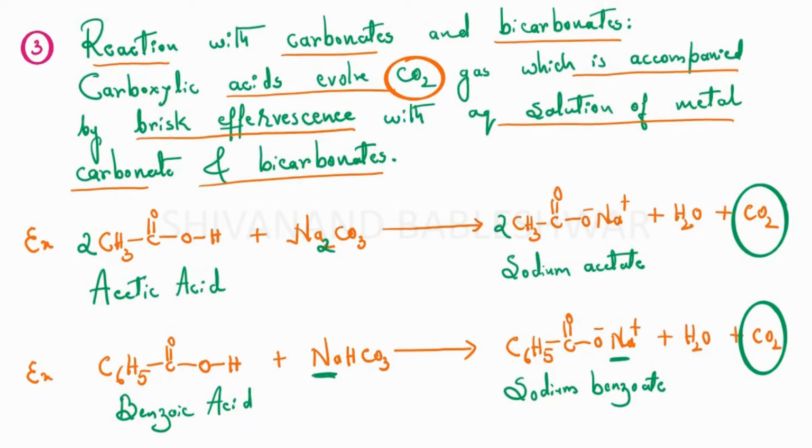So if the invigilator has given you a corresponding carboxylic acid, and if he asks you how do you find the presence of a carboxylic group, then all you have to add is just water, a little bit of sodium carbonate or sodium bicarbonate. A brisk effervescence can be seen, thus we can say that the compound is containing a carboxylic group, right? And since carboxylic acids are acidic in nature, they will be turning the blue litmus paper red. Okay, that also is one of the physical tests that can be done and confirmed.